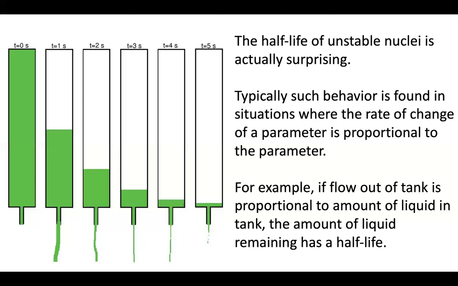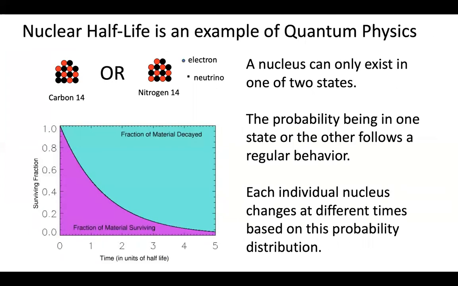But why would they appear here? Remember, each nucleus isn't continuously changing from one isotope to another. It's not turning from purely carbon-14 into a mix of carbon and nitrogen. Each nucleus is just one of these and then switches to the other at some discrete point in time. We can see that point in time. We can sit there with a Geiger counter or something and see this electron come flying out.